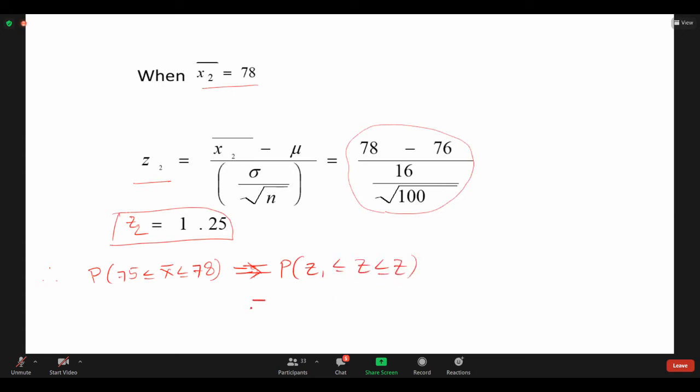We know Z1 and Z2: the probability of minus 0.625 less than or equal to Z less than or equal to 1.25. How to get this probability? By using the normal distribution table.